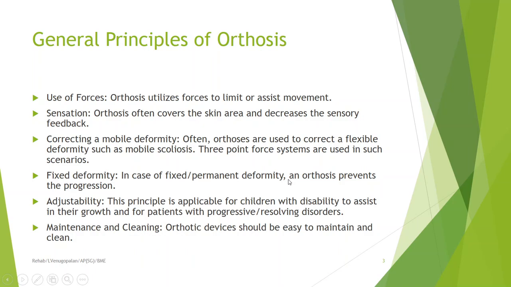That is because especially for children, when the rest of the body grows, the deformed part of the body would also grow to some extent, if not entirely. The orthosis should not be the reason for stunted growth, right? It should allow whatever growth is occurring in the disabled part. The orthosis should facilitate that growth, and in some cases ensure that further deformity is reduced, right?